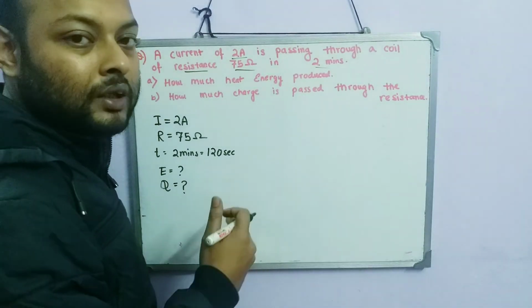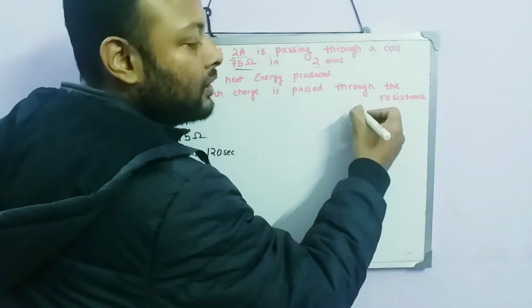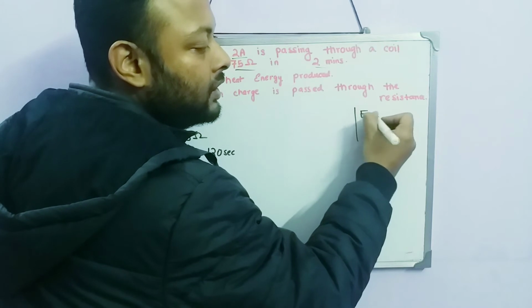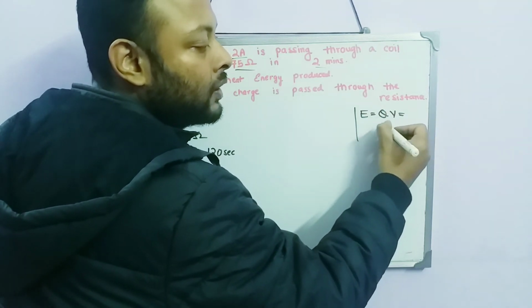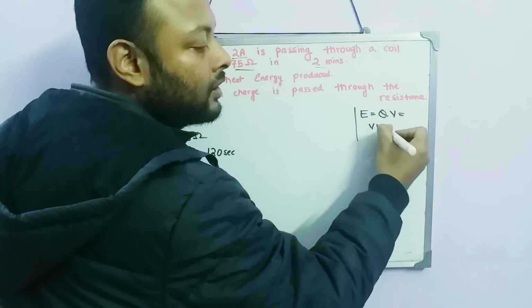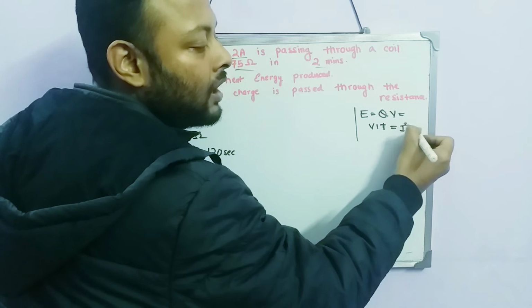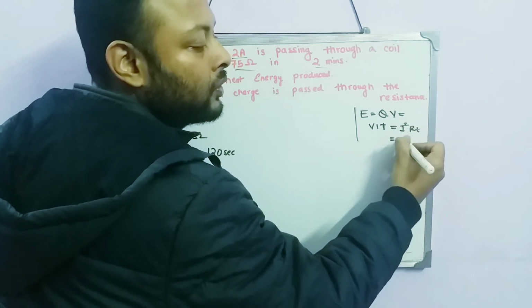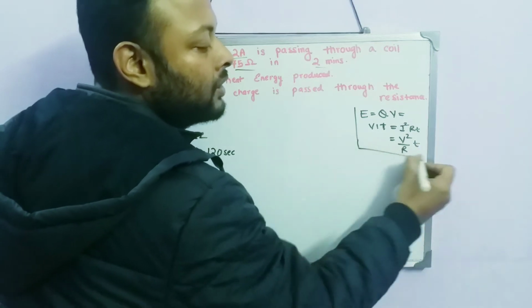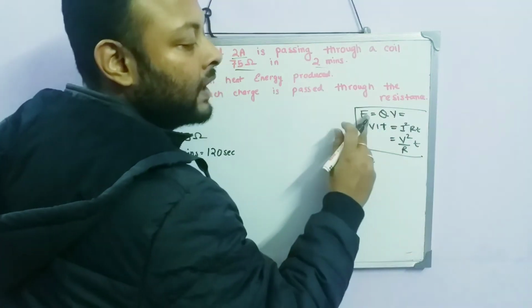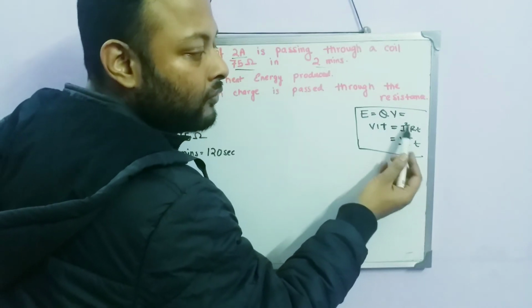But before doing the sum, you should remember the formulas that we just now studied. That energy is equal to Q into V, which is equal to VIT, which is equal to I square RT, which is also equal to V square T by R. You have to remember this formula, that we can find energy in 4 different ways.